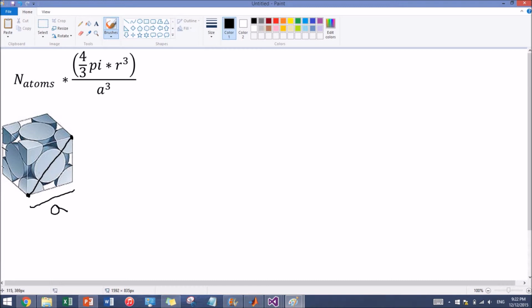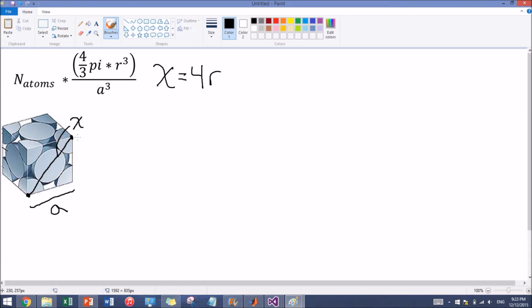We can see that this radius plus this diameter of this atom plus this radius equals the length of this hypotenuse of this face. So let's label this hypotenuse x, and x is equal to one radius plus a diameter, which is 2 radiuses, plus another radius, which is 4 times r.